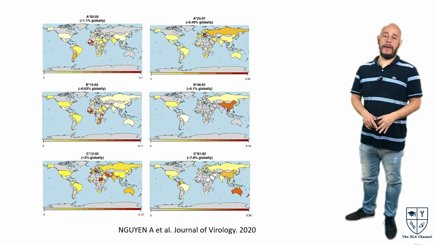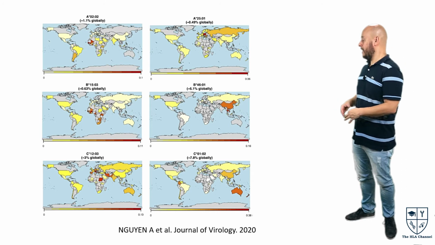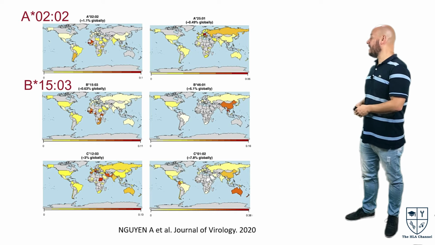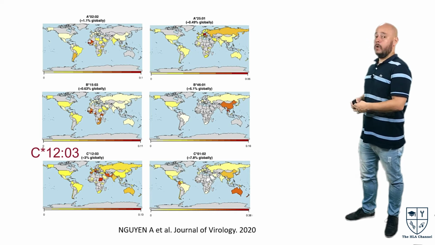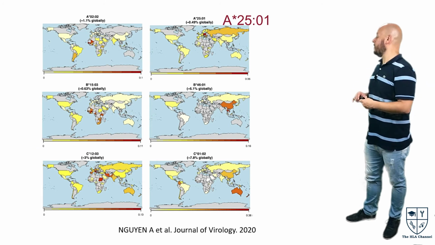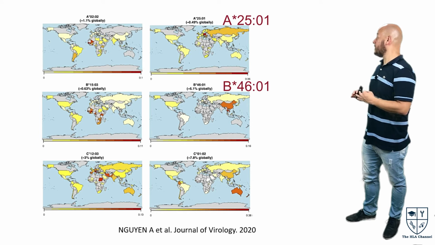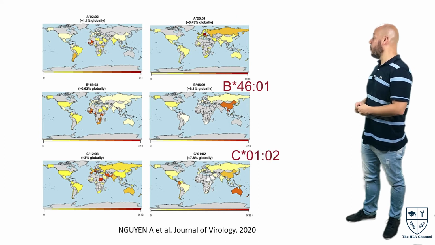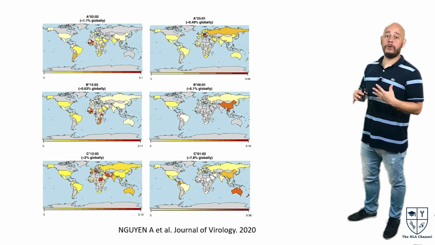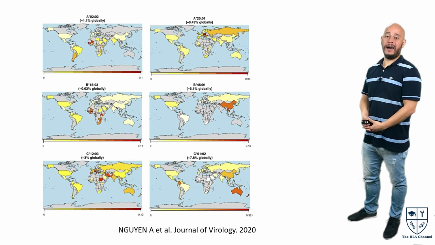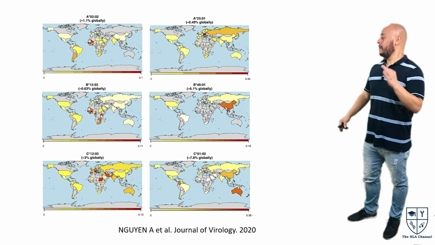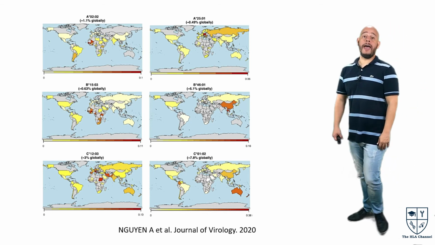In general, at the haplotype level, they stated that HLA-A*0202, B*1503, and C*1203 exhibit the highest, and HLA-A*2501, B*4601, and C*0102 exhibit the lowest predictive repertoire. This is a difficult word, isn't it? So, the lowest predictive repertoire of SARS-CoV-2 epitopes.